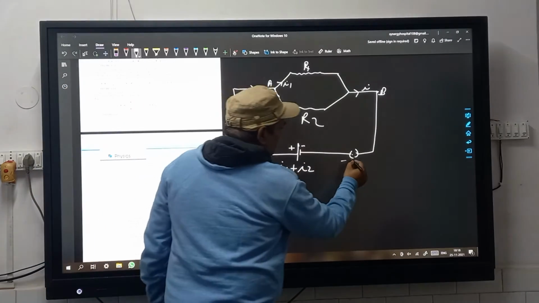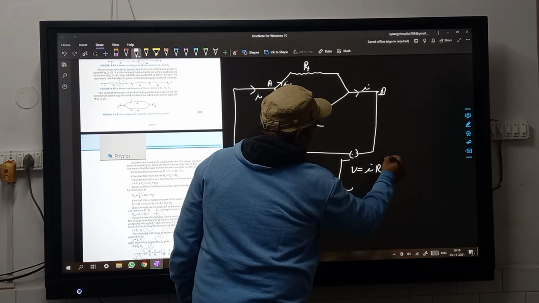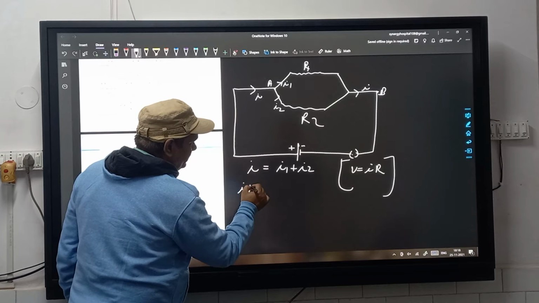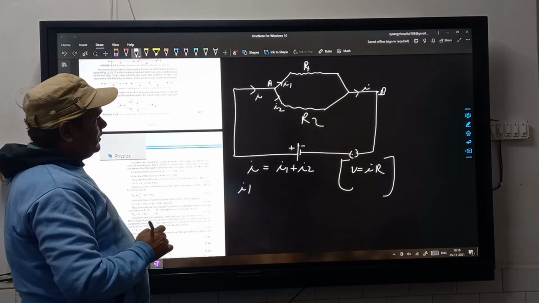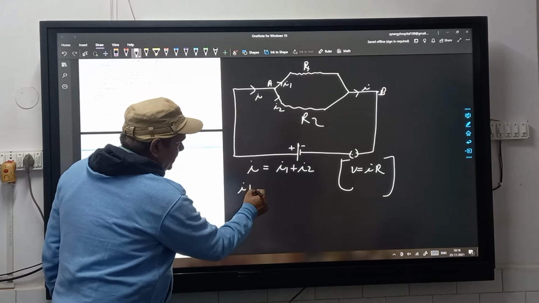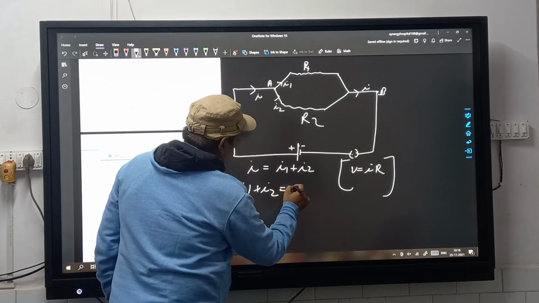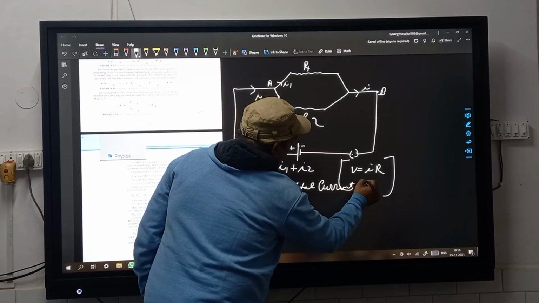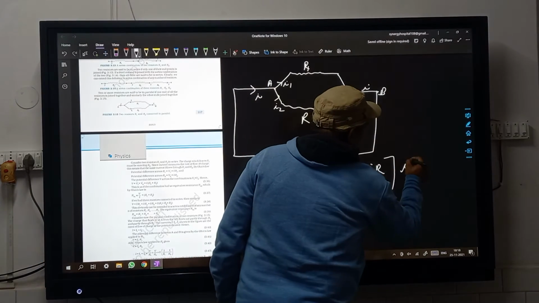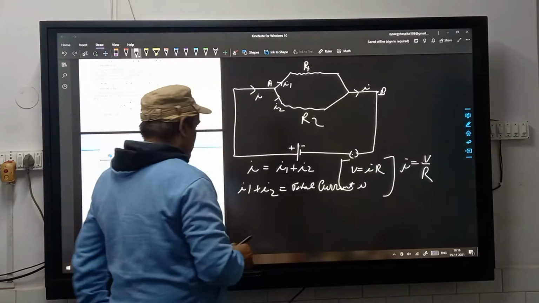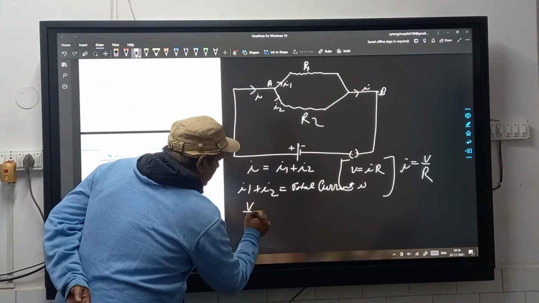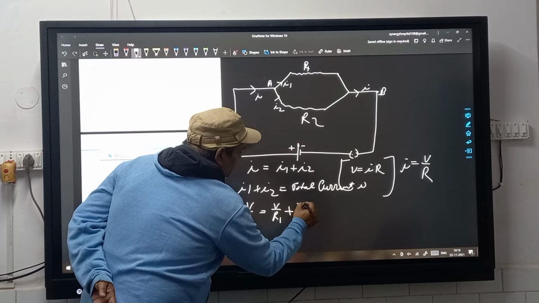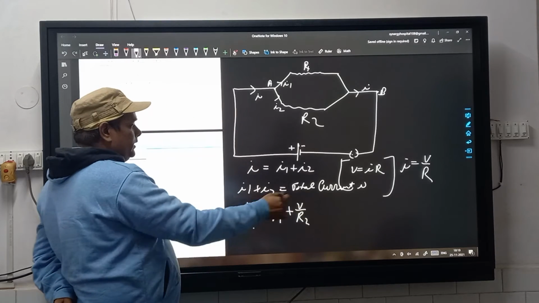As we know that V is equal to IR, we can write from Ohm's law I1 plus I2 equal to total current I. From here we can write I equal to V upon R. Hence V upon R equal to V upon R1 plus V upon R2.